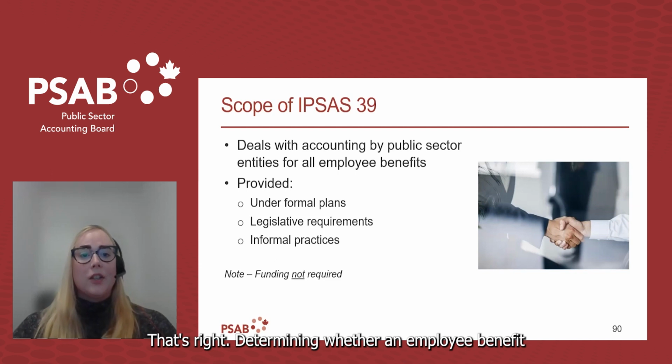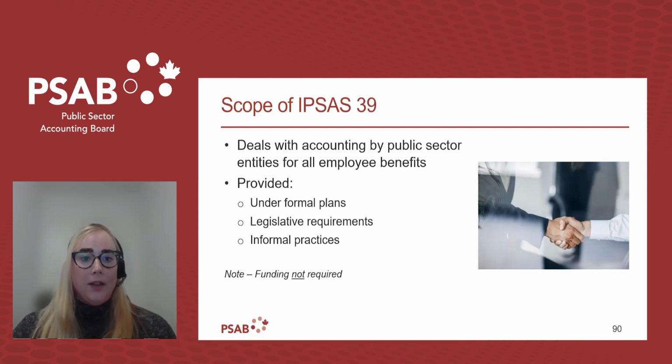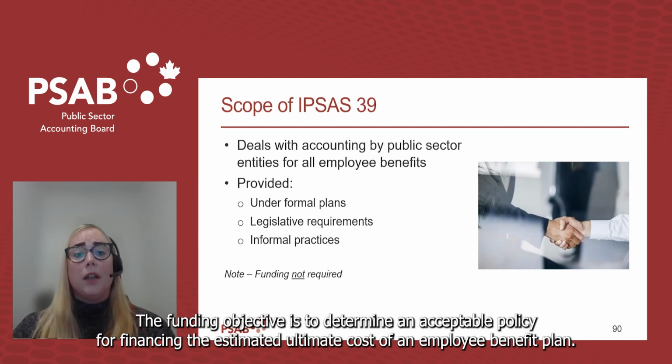That's right. Determining whether an employee benefit plan should be funded and the amount to be funded for each period is a financial management matter. The funding objective is to determine an acceptable policy for financing the estimated ultimate cost of an employee benefit plan.